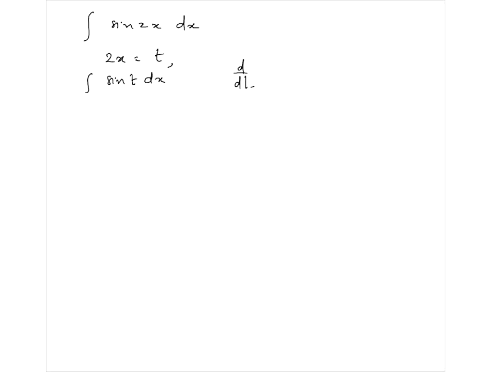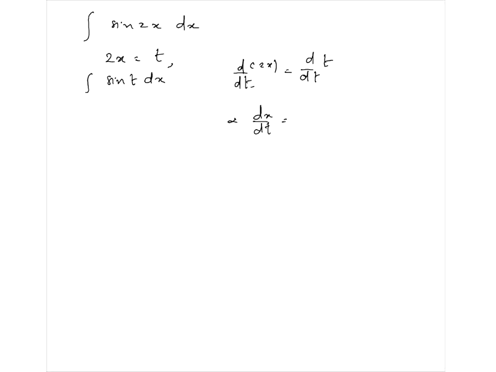Now that's entirely my choice with whose respect I would like to differentiate both sides. If the sides are equal, I can differentiate them with respect to any variable. So I have chosen that to be t. d dt of 2x equal to d dt of t. Now here, this 2 will come out. 2 is a constant. Constant will come out. So you get this.